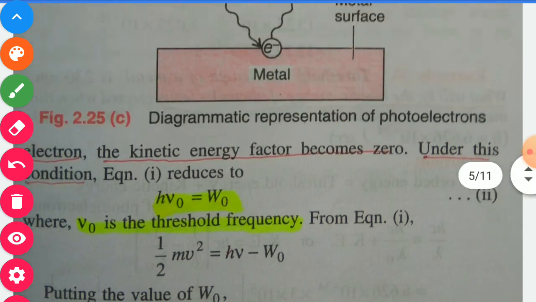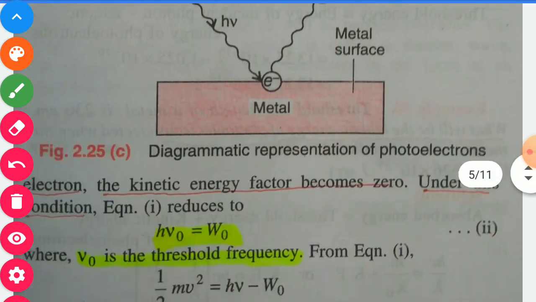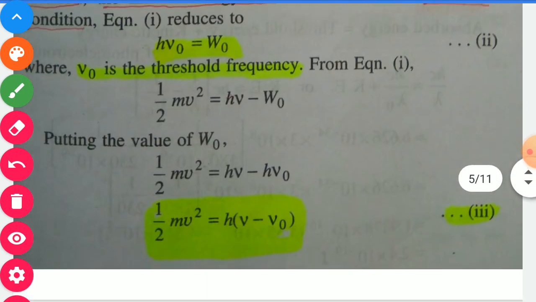So here from equation number 1, that is h nu is equal to work function plus kinetic energy. If we want to find out the kinetic energy of the ejected electron, at that time kinetic energy, that is half mv square, is equal to energy of incident light minus work function.